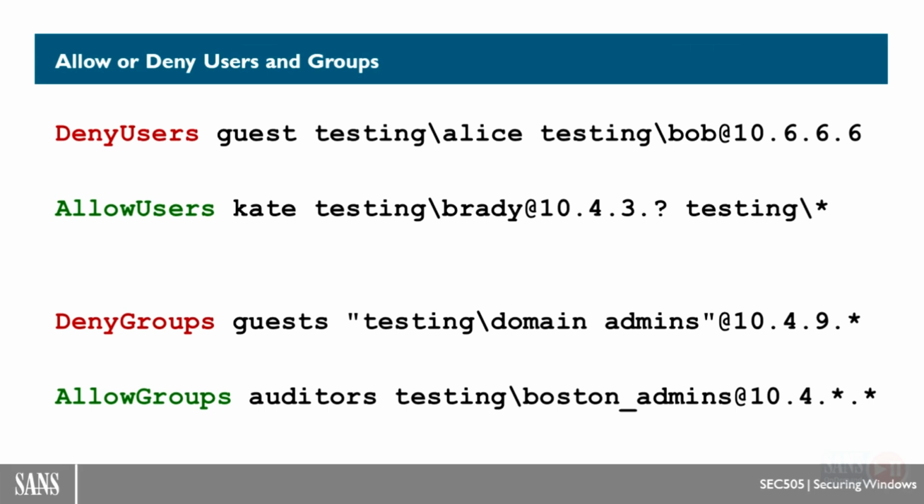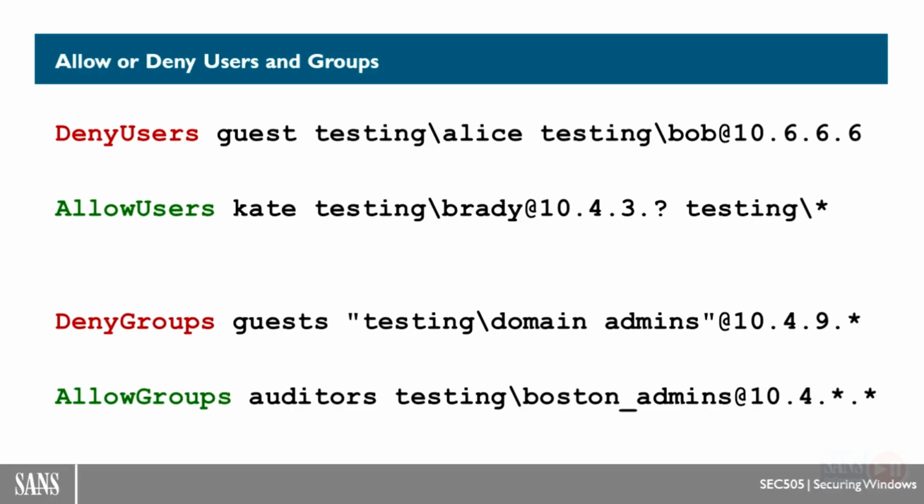So for example, if you are denied access, you are denied, end of story, even though you might be a member of a group which is allowed access at the bottom. So for example, if you're a member of the domain admins group and you're coming from the 10.4.9 subnet, well, you're going to be denied access, even though you might also be a member of the auditors group.